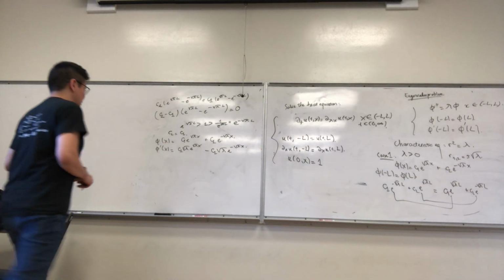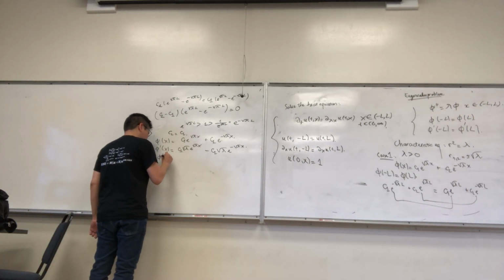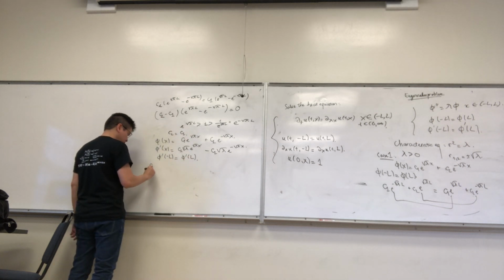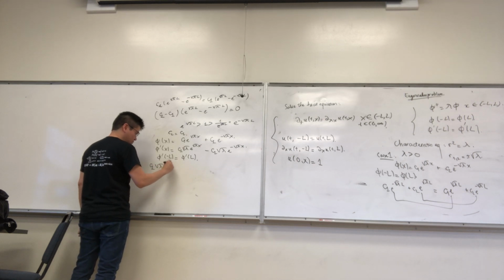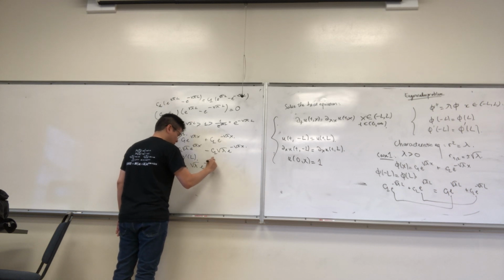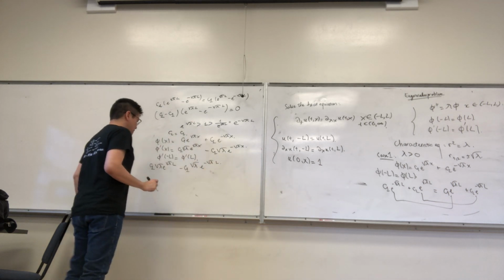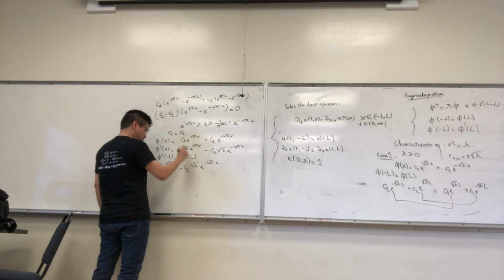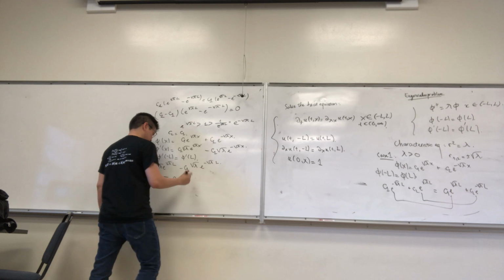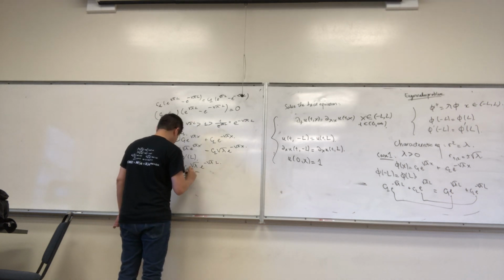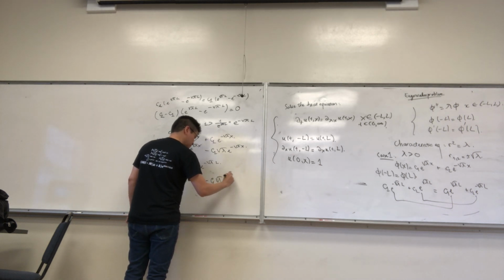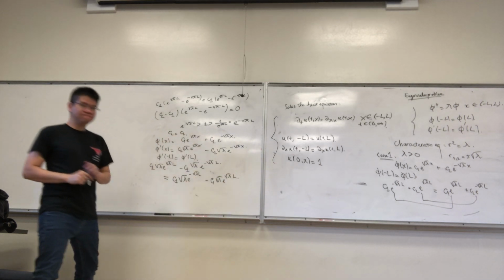Now I have phi prime of minus L is equal to phi prime of L. And this gives me C1 square root of lambda e to the square root of lambda L minus C1 square root of lambda e to the minus square root of lambda L is equal to C1 square root of lambda e to the minus square root of lambda L minus C1 square root of lambda e to the square root of lambda L. Right?